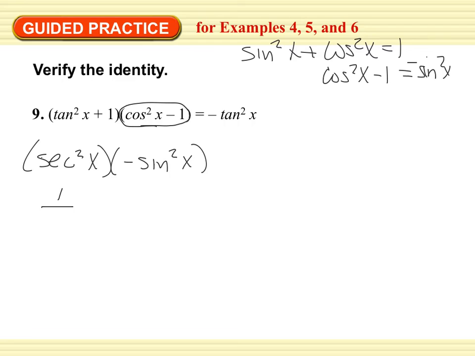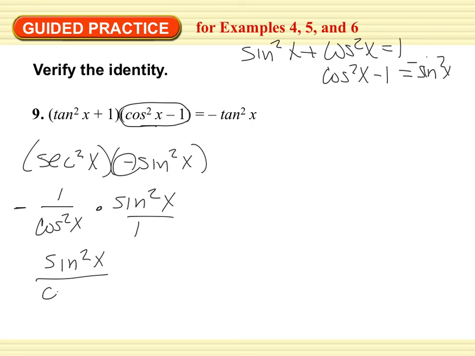That is 1 over cosine squared x. I'm going to move that negative out, get it out of the way, times sine squared x. So if I multiply, I've got sine squared x over cosine squared x with a negative. That equals negative tangent squared x.